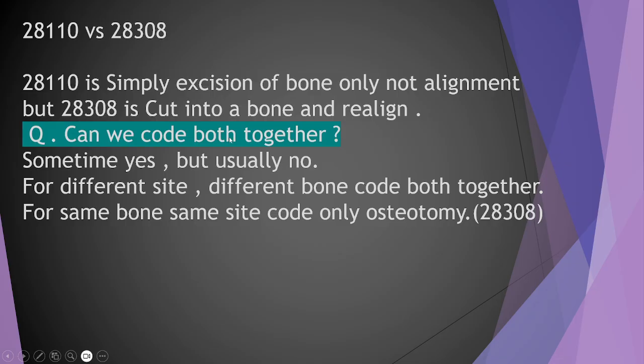So the main question is, sometimes I see, can we code both of these procedures? Sometimes we can code and sometimes we cannot, based on the documentation. For a different site and a different bone, code both together. If the site is different and the bone is different, then we can code these two procedures together.